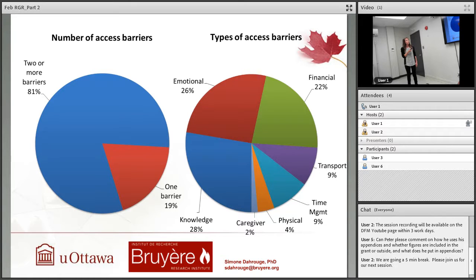The most common barriers identified relate to knowledge, so awareness of resources in the community, emotional barriers such as confidence and motivation in accessing a resource, and financial barriers.